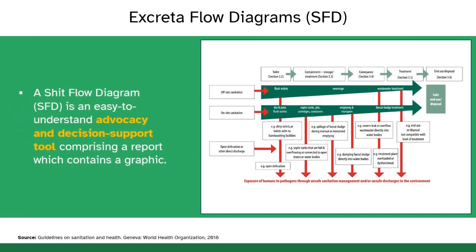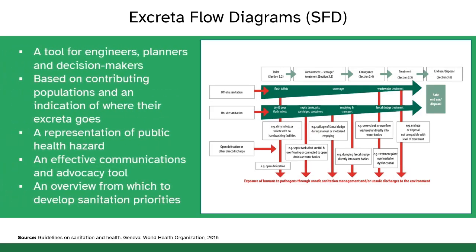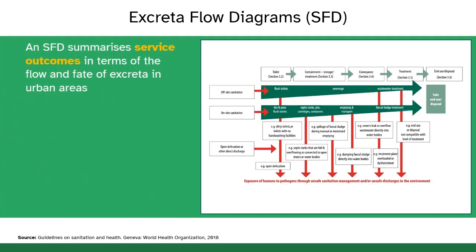This is an Excreta Flow Diagram, also known as an SFD. An easy-to-understand advocacy and decision support tool comprising a report which includes a visually friendly and understandable graphic. An SFD summarizes service outcomes in terms of the flow and fate of excreta in urban areas.